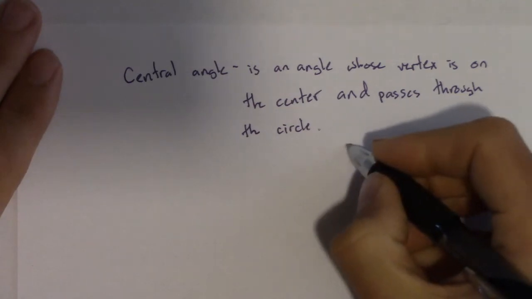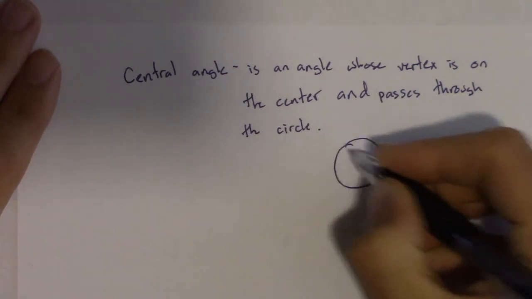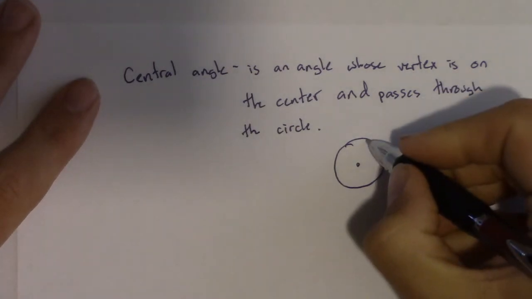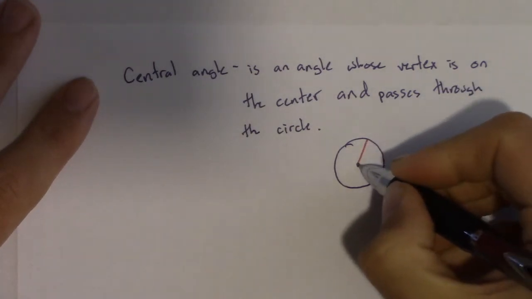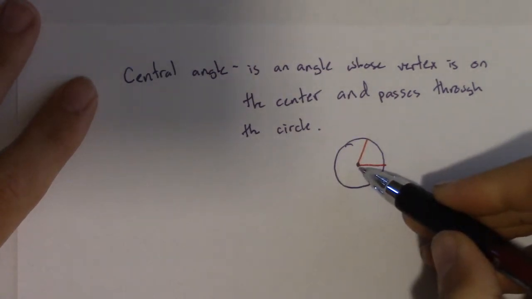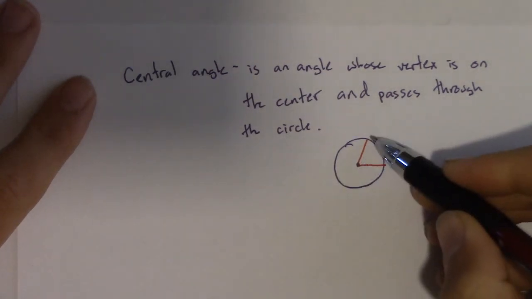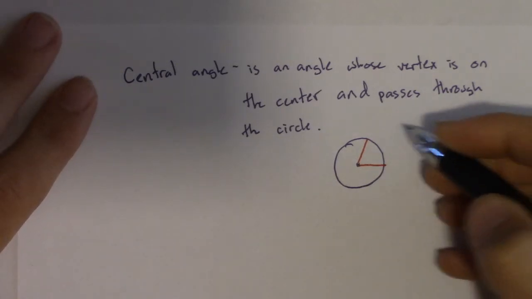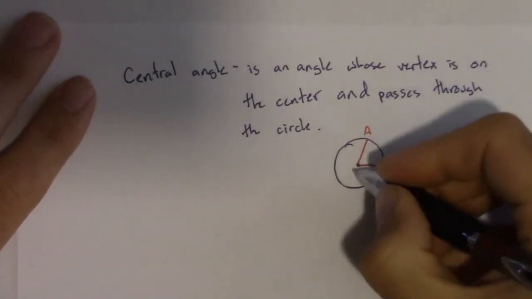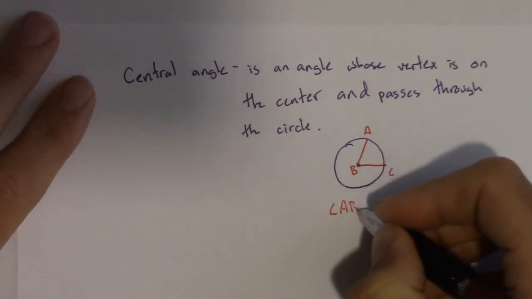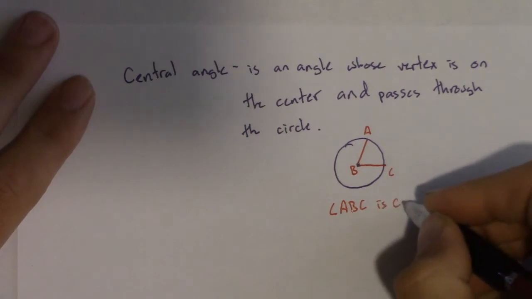So if I've got my circle, got my center, an example of a central angle would be something like this. Okay, my vertex is on the center and my rays extend all the way to the edge. So if I label this A, B, C, angle ABC is central.